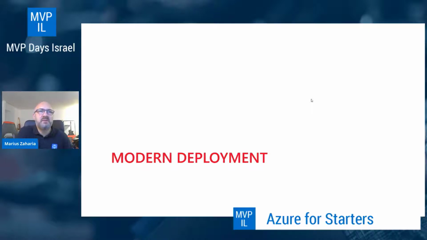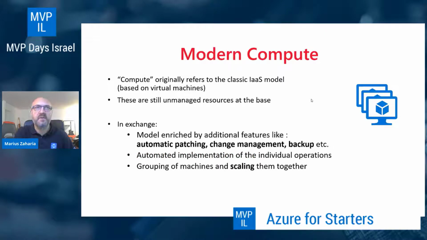Now, speaking about modern deployment, we have things that are pretty classical, like compute, like IaaS, infrastructure as a service, at the base. But in the cloud, we are starting to see more interesting features that enrich this compute a lot, like automatic patching, change management, automatic backup and restore, the implementation of operations, and scaling machines automatically in groups, like scale sets or auto-scaling groups in Amazon, and so on.